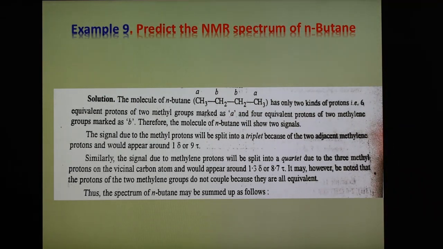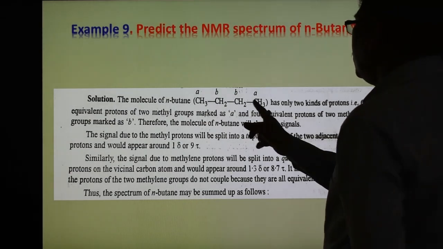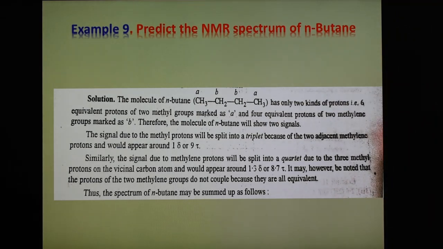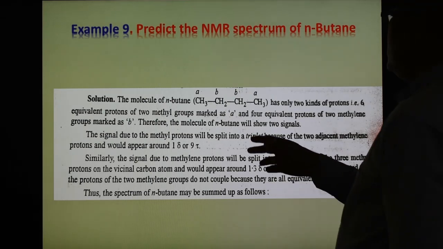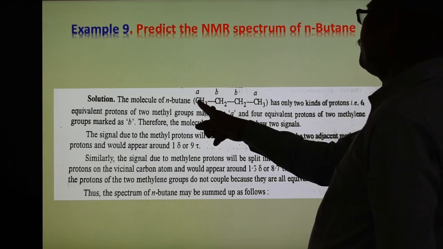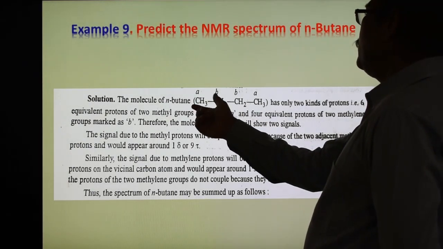In this compound we expect two different types of protons, CH3 as A and CH2 as B, and therefore it gives two signals. So n-butane will show only two signals, and the signal due to the methyl protons will be split into a triplet, because the methyl is adjacent to CH2.